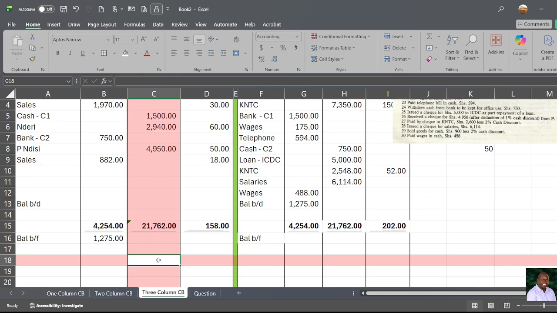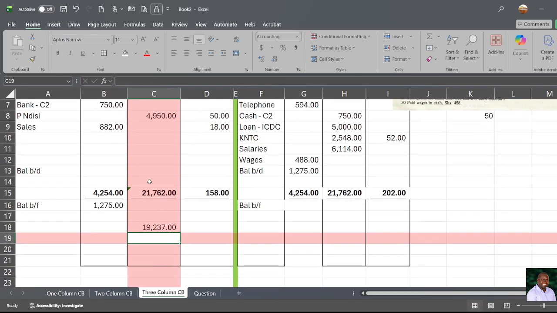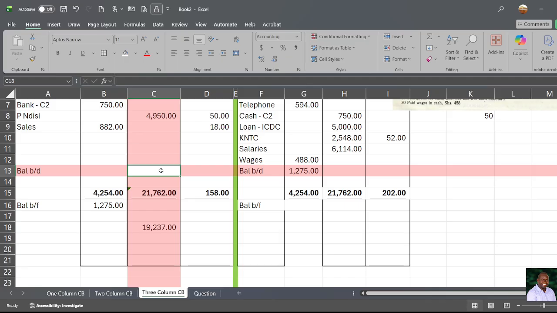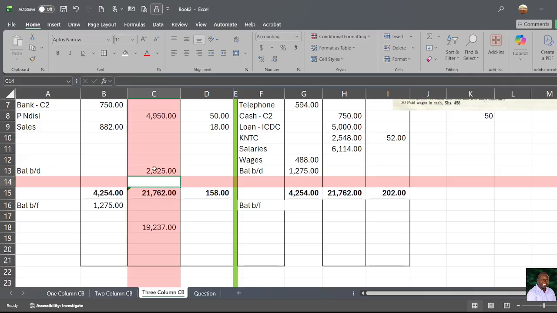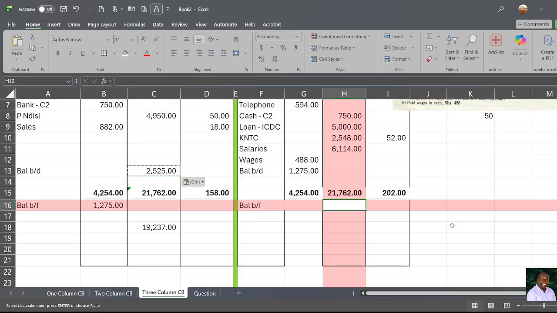Then here, let me again put equals to sum, to see what these totals are. The balance here will be this one minus this figure here, which is 2525. So the bank column balance will come out like that.